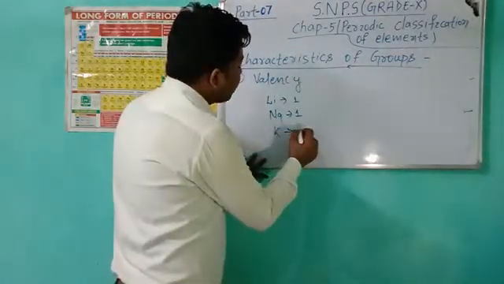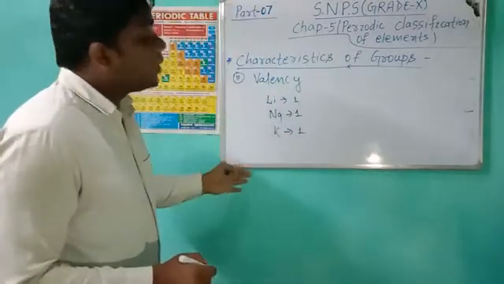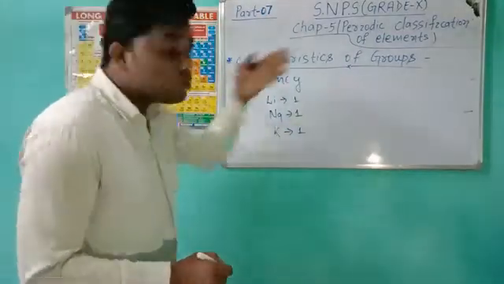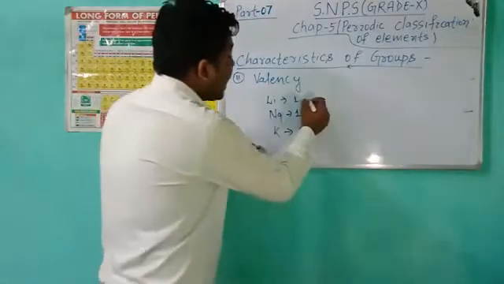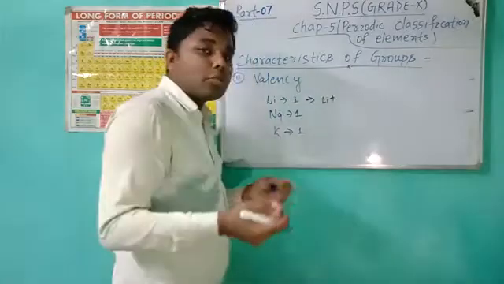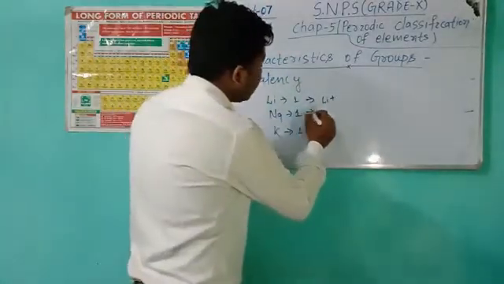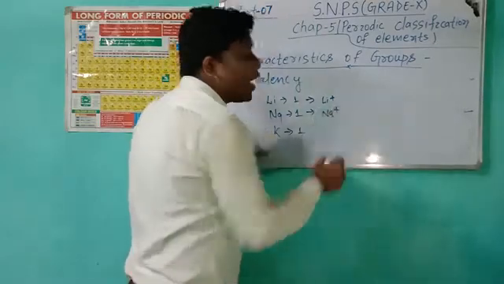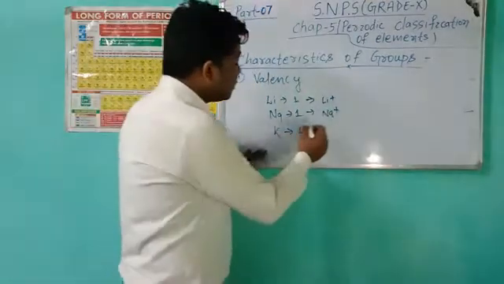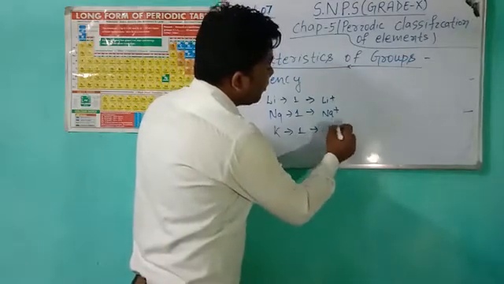They can simply lose an electron and convert into Li plus, because it loses 1 electron. And sodium forms Na plus, and potassium forms K plus.